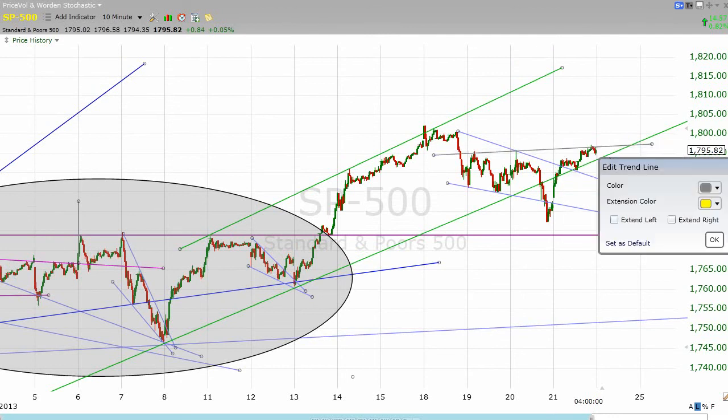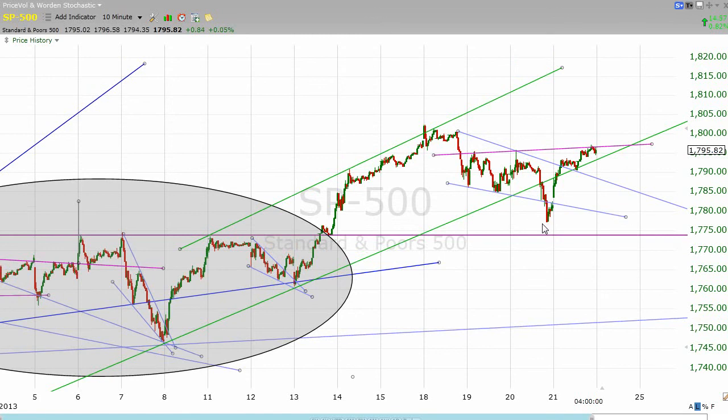But I'm glad that I did not panic yesterday. I'm sticking with my positions because their charts did not really show this kind of weakness that we saw yesterday late in the trading day.